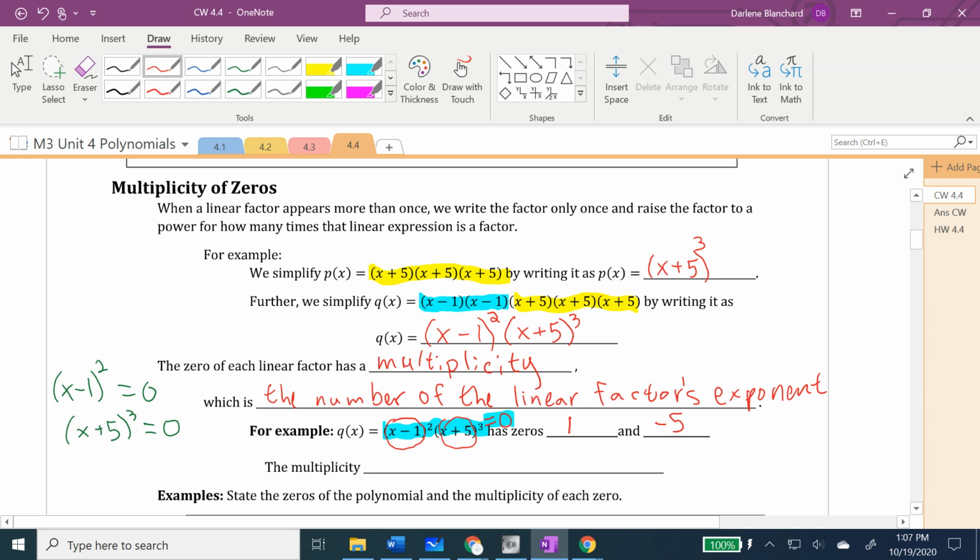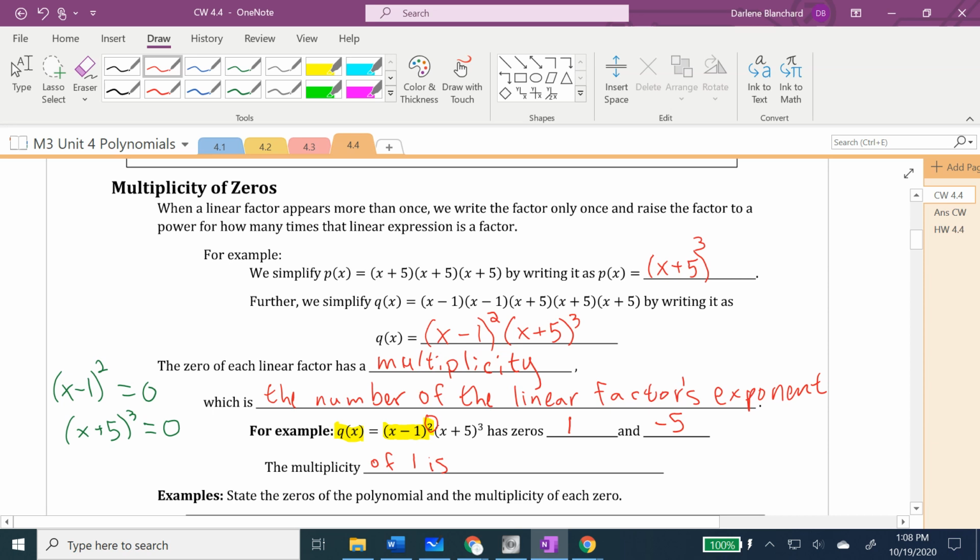And we say the multiplicity of 1 is, hold on, I'm trying to figure out what I should erase to show this a little bit better. I'm going to get rid of all those highlights. So we are looking at this polynomial right here. The zero 1 is coming from the factor x minus 1. The exponent there is a 2.